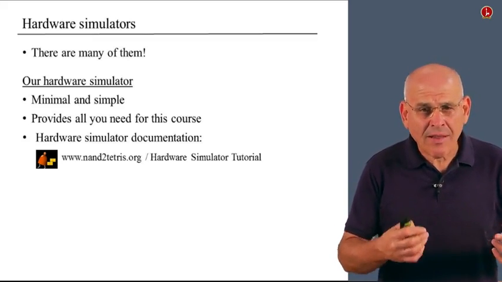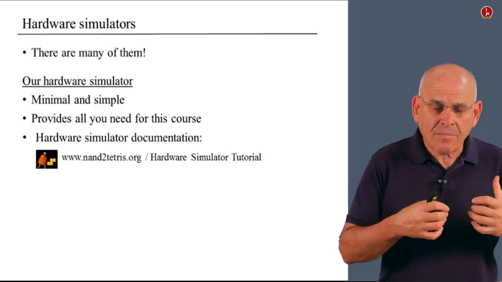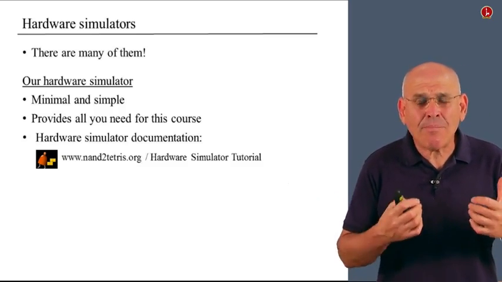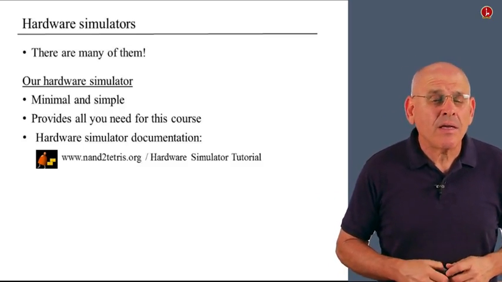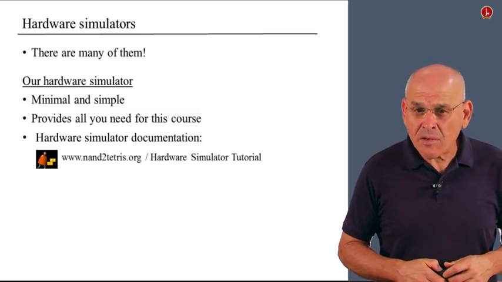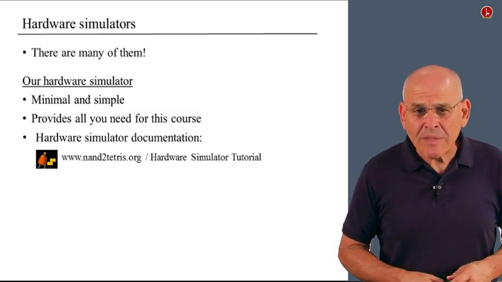If you go to the nand2tetris.org website, you can find a full chapter. I think it's Appendix A, and actually Appendix A and Appendix B in our book describe how to use the hardware simulator, and these chapters are also available freely on the website.